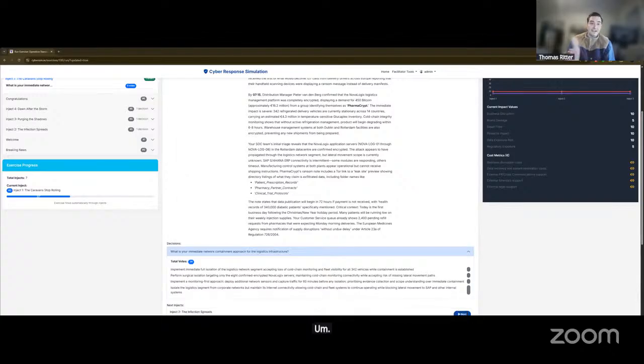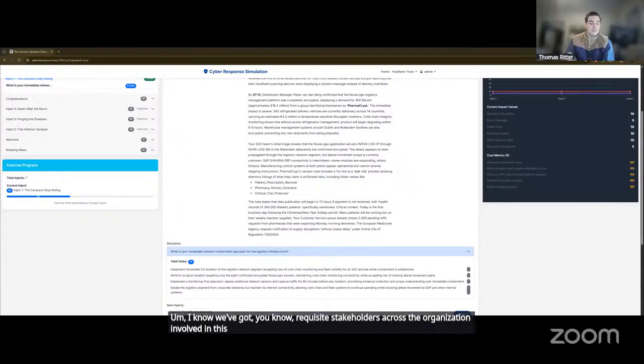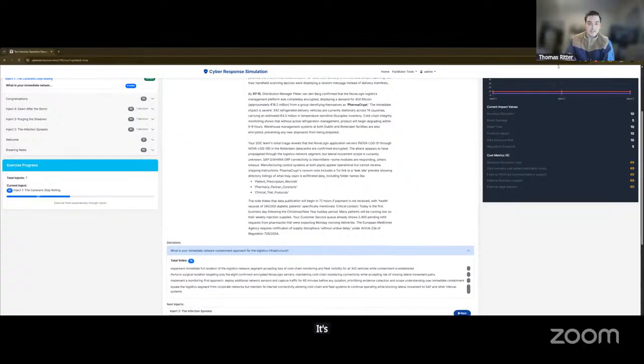I know we've got requisite stakeholders across the organization involved in this, but are we needing to think through putting our insurance carrier on notice, right? And ensuring that we're doing so in a timely fashion. So it's really all hands on deck at this point.